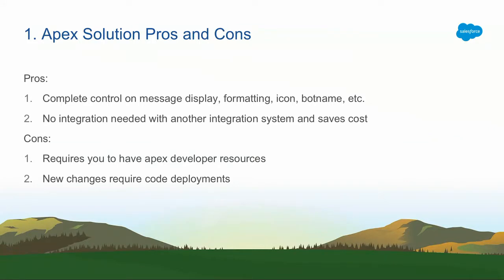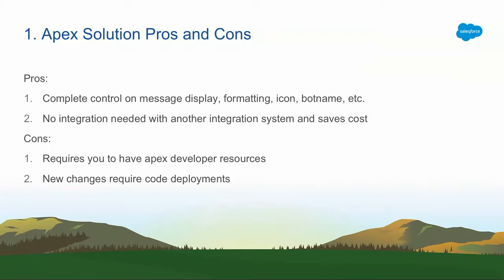Talking about the Apex solution, some of the pros are that you have complete control over the message display. You have control over the bot name and the formatting. Since it's your own Apex code, you control what you can display. Secondly, you save costs. You don't need to invest in an integration platform tool, and thereby you save a lot of costs for the company.